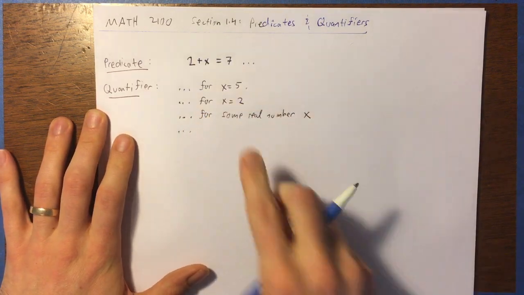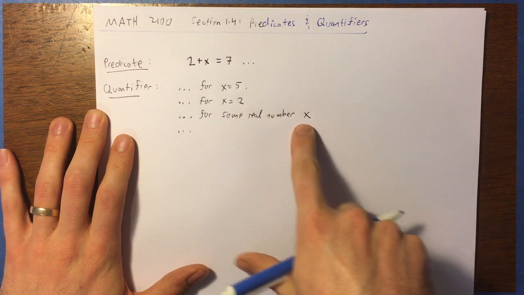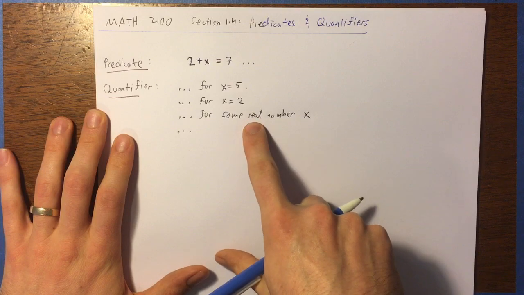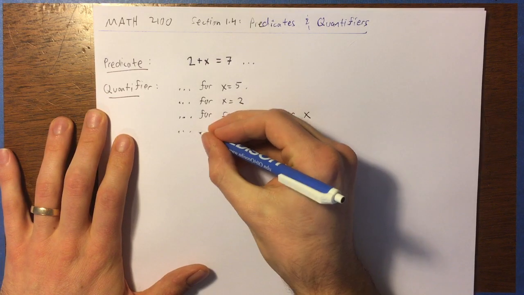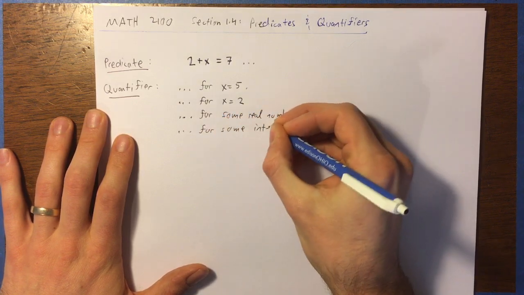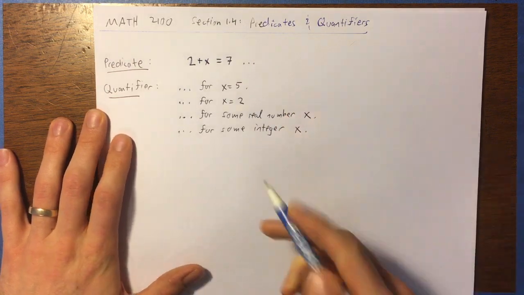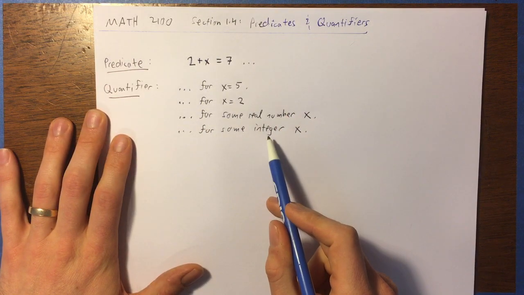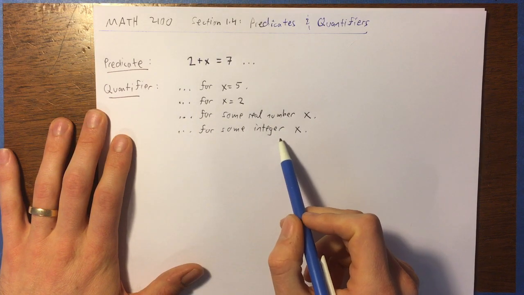Here I'm saying some real number x. That is called the domain. Here we're saying the domain that x is coming from is the set of real numbers. That could be different. So I could say for some integer x, and hypothetically changing the domain could change its truth value. In this case, it is an integer that is going to make this true, so it's going to be true in both instances.